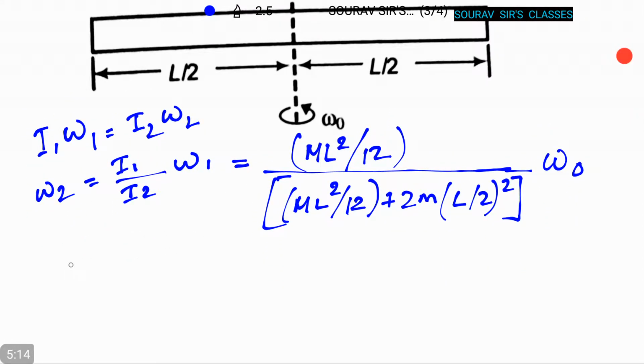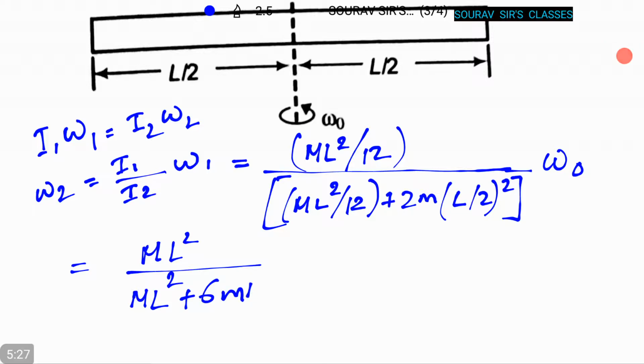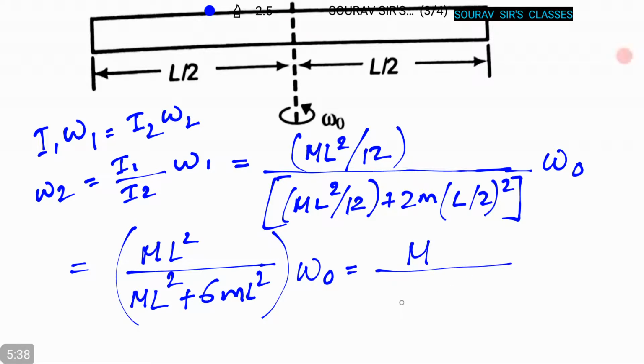Now from this we can write that m L square divided by m L square plus 6 m L square into omega 0, that is m by m plus 6m into omega 0.